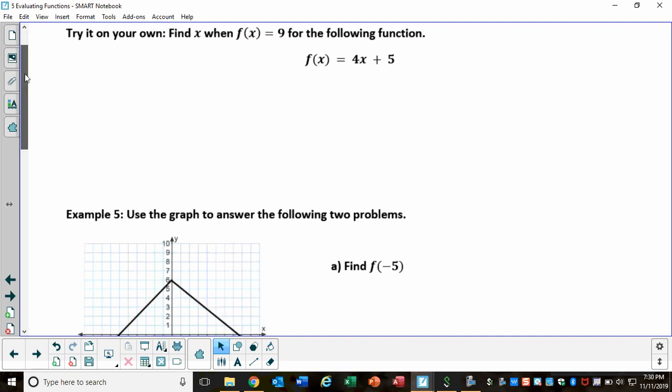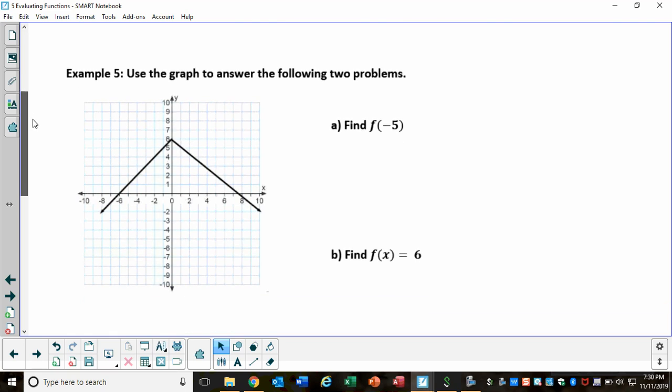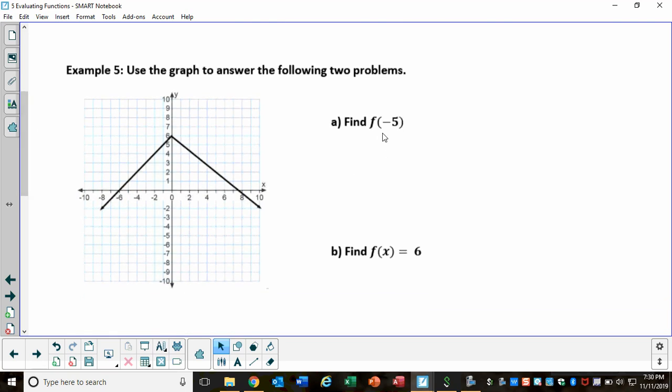Our next example would be using this information to find the missing information from a graph, not an equation. So use a graph to answer the following 2 problems. A, find f of negative 5. They gave us the x value. We're going to look at this graph and find that point when x is negative 5, and then tell us what the y value is for that point.